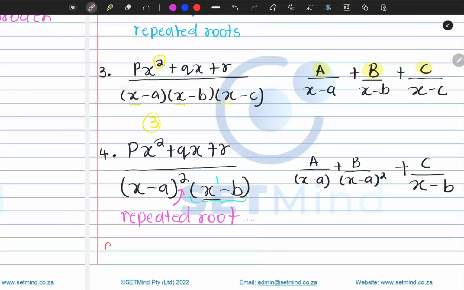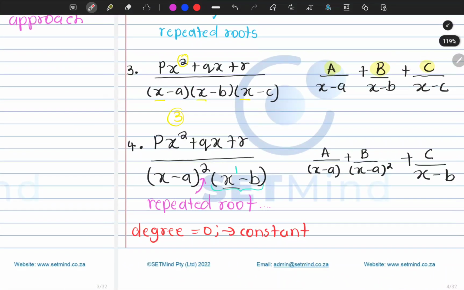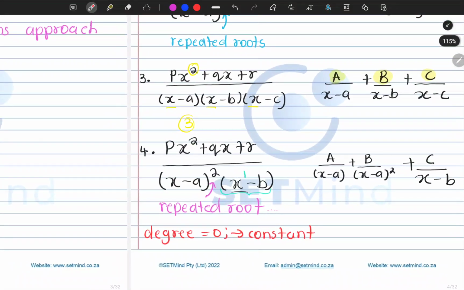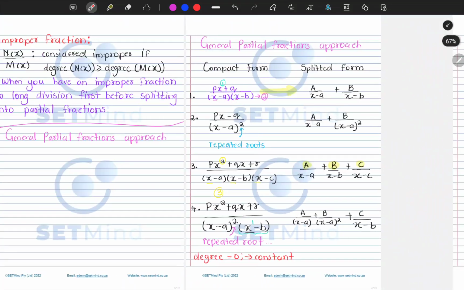And remember that a degree of 0, you only get it when you are dealing with a constant term. So that is why when you look at the terms which have x minus something or plus something on the denominator, at the top you'll always see a constant. Because 1 degree less 1, you get a constant. So that is how we would split this one.